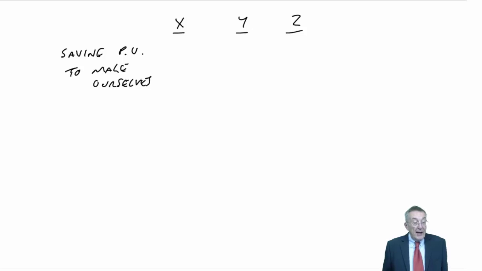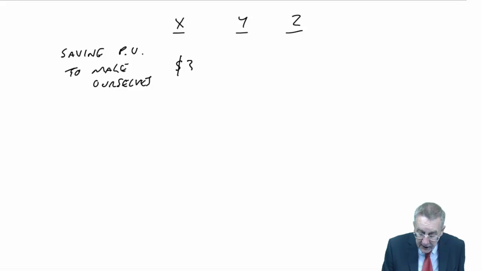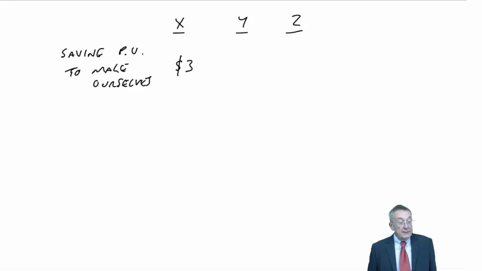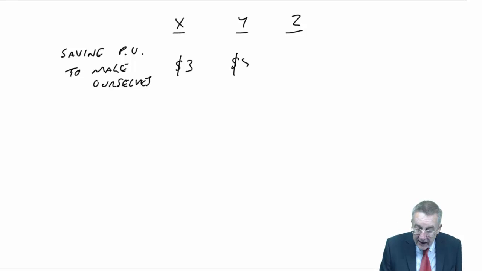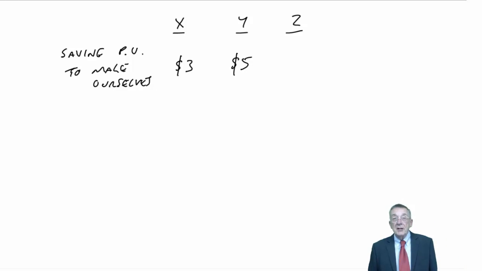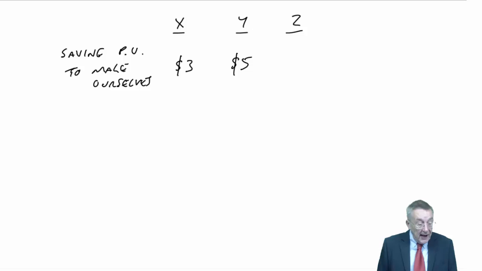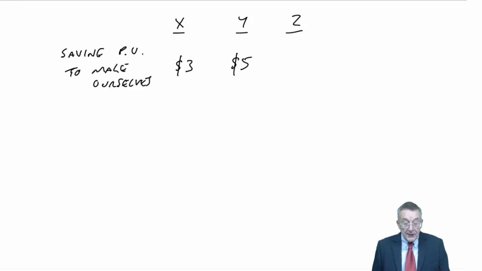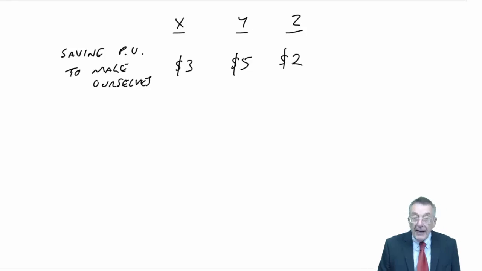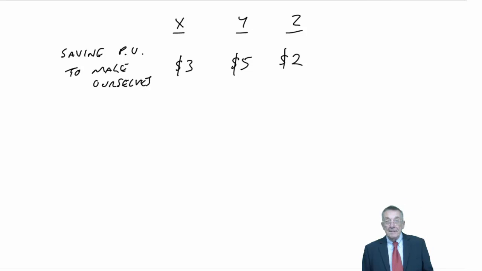Product X, buy outside is 13, make ourselves is 10. We'll save $3 a unit by making ourselves. Product Y, 17 against 12, making ourselves would save us $5 a unit. And product Z, 16 against 14, we'd save $2 to make ourselves.